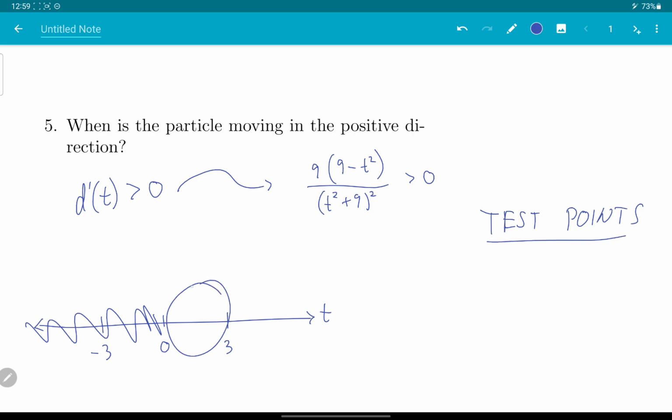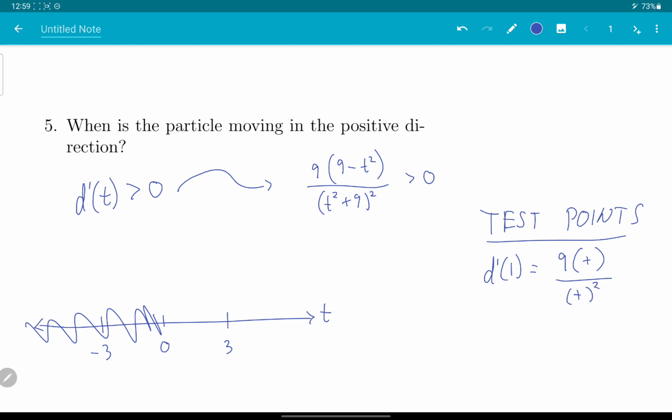So how about this first interval, 0 to 3? What I do is I choose a number in here, plug it into my derivative and see if I get a positive or negative number. So I'll do something nice and easy. d prime of 1 is, what's that? Well, I got 9 times a positive number, all divided by a positive number squared.